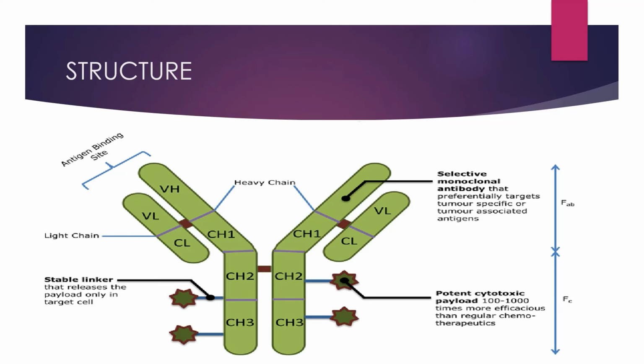this is the whole structure of an antibody drug conjugate. In this structure you can see the labeling: this is the monoclonal antibody, this is the potent cytotoxic payload, and this is the stable linker. That linker helps in the attachment of the cytotoxic payload or cytotoxins to the monoclonal antibody.